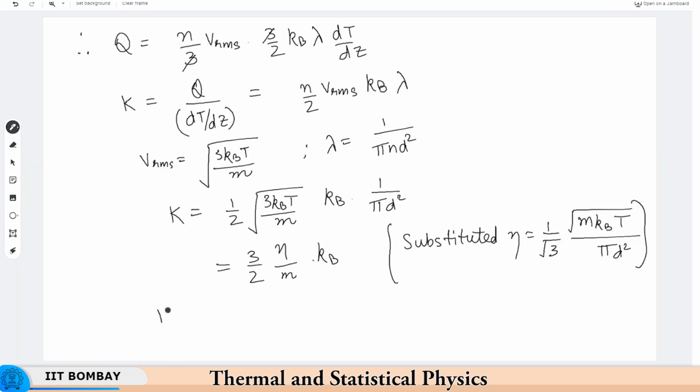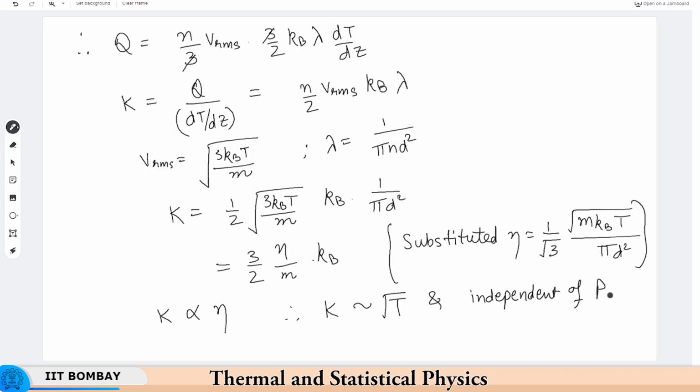Okay. So, what that means is the coefficient of thermal conductivity is proportional to the coefficient of viscosity, right, and therefore, K should also scale with the square root of temperature, and be independent of pressure. Okay.